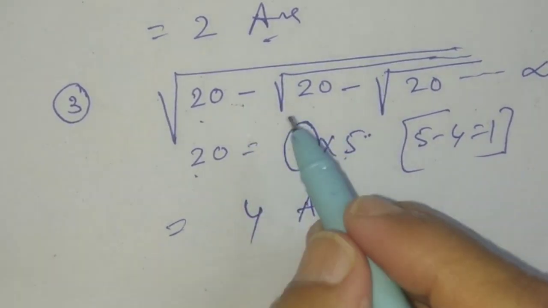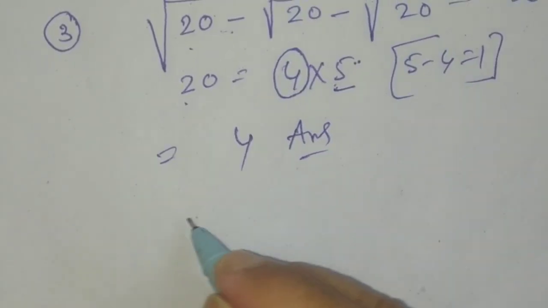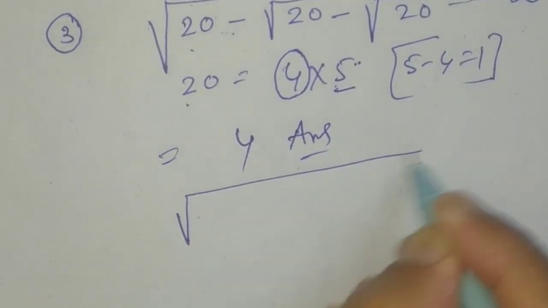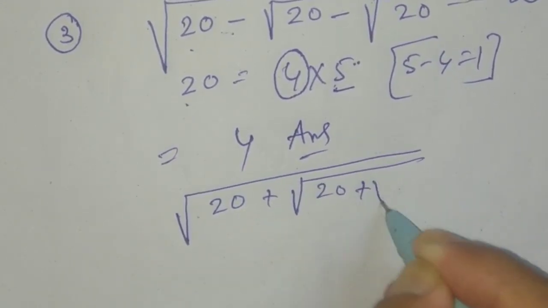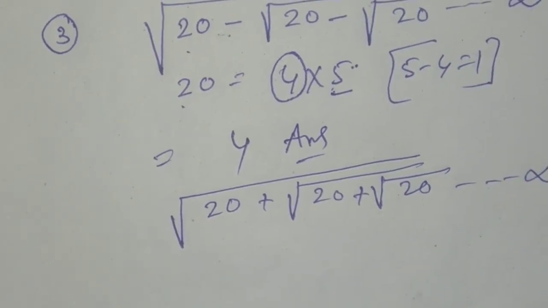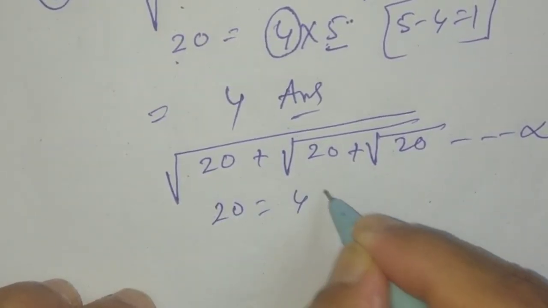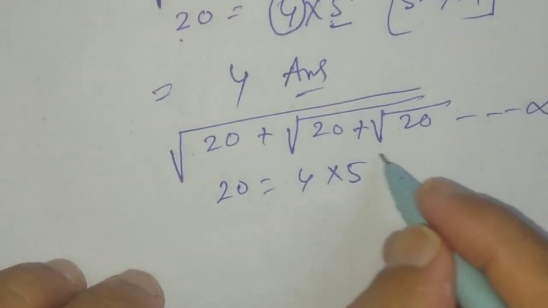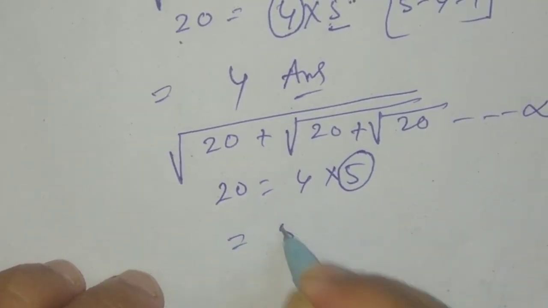If all are positive, then the answer is 5. If all are positive like this, root over 20 plus root over 20 plus root over 20 up to infinite, what is the answer here? 20 is equal to 4 into 5, and 5 is the bigger one, so the answer is equal to 5.